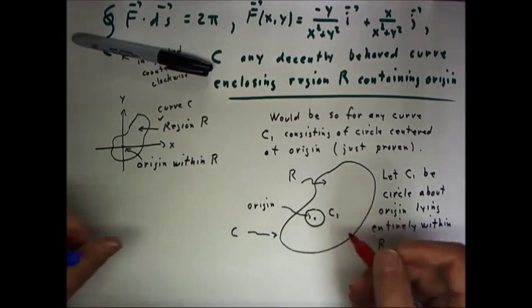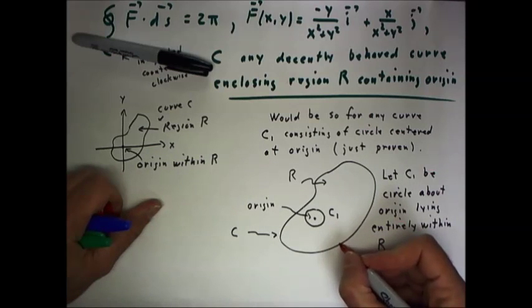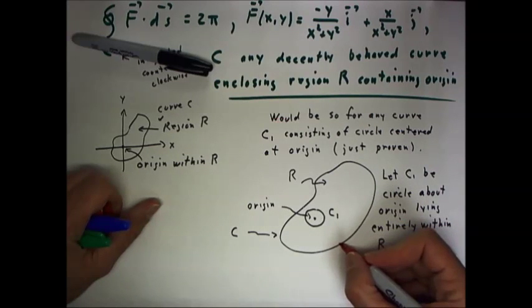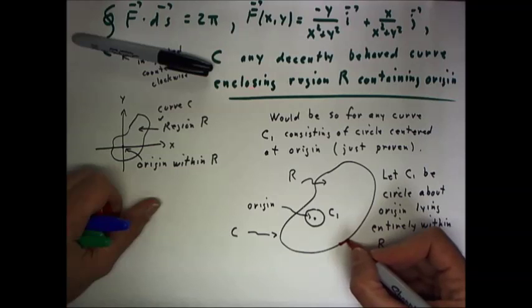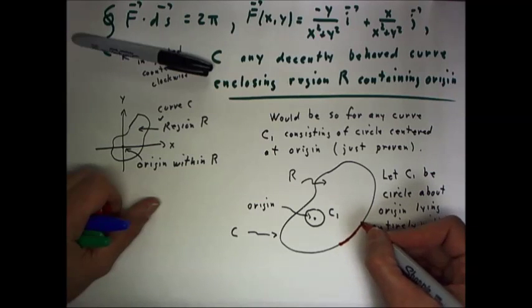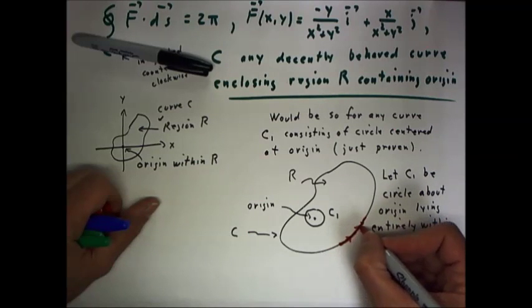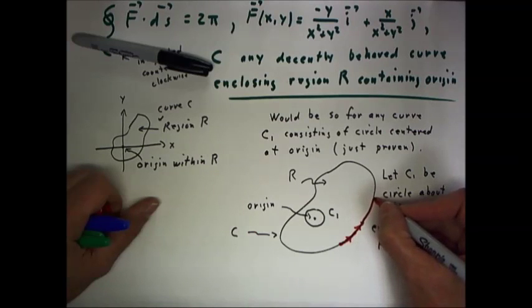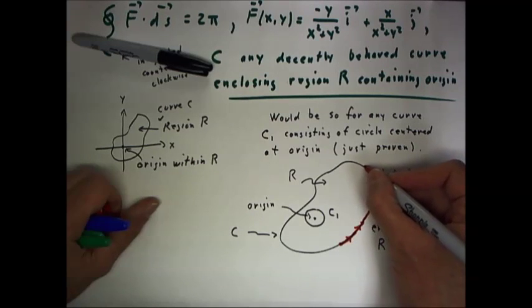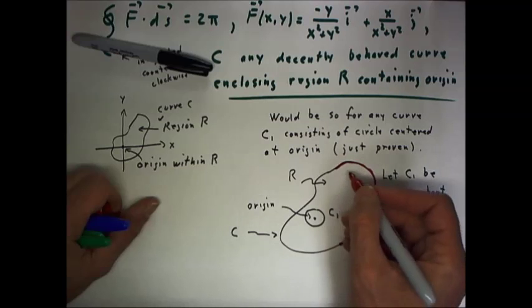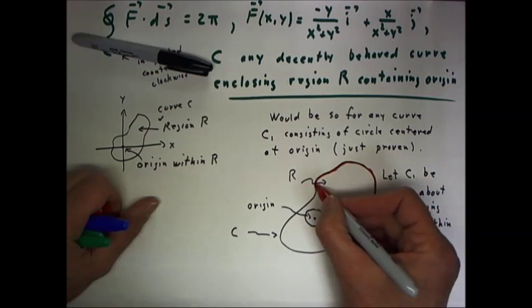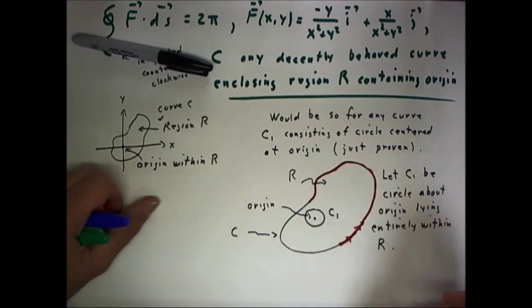We can start any place. Let's start right here, and then let's move around the curve C in the positive direction. We're going to trace our way around this curve.